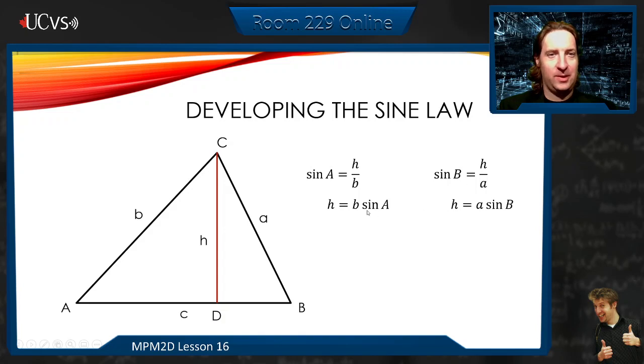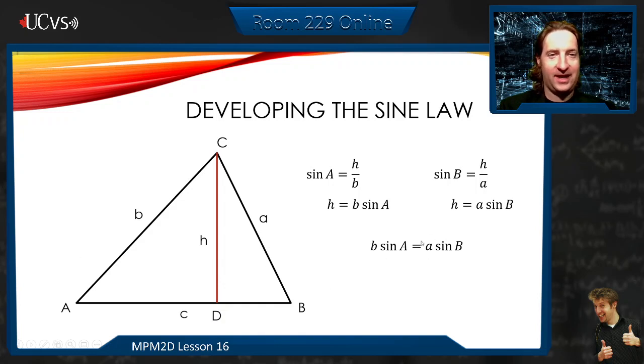Now that I've got two equations that both equal H, I can do a little substitution. I have two equations, two unknowns. It's basically a linear system of equations. I end up with B sine A is equal to A sine B, because H has to be equal. This height of the triangle has to be the same since I constructed it out of triangle ABC.